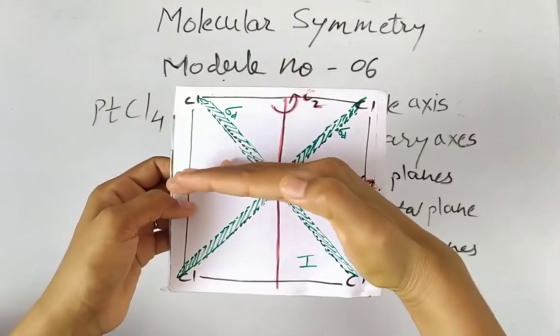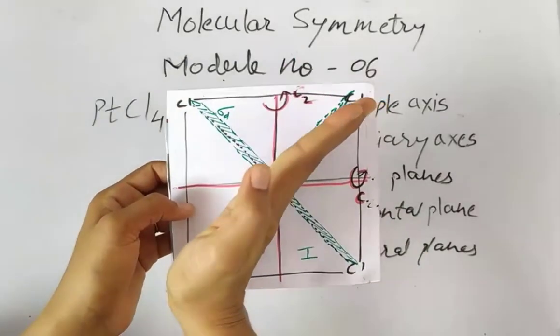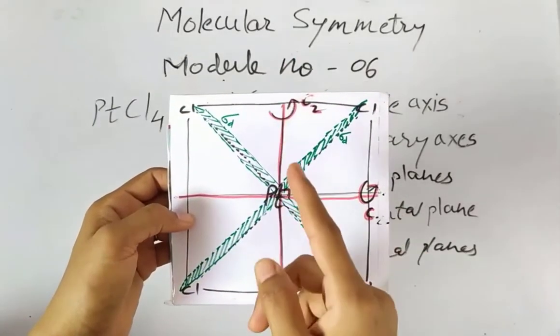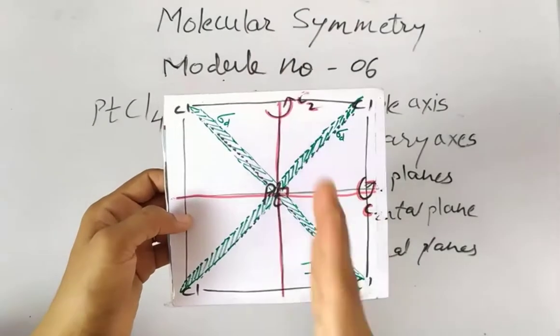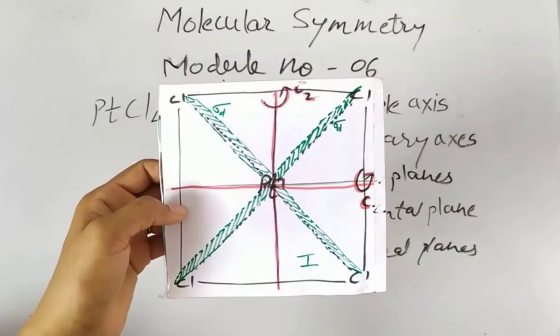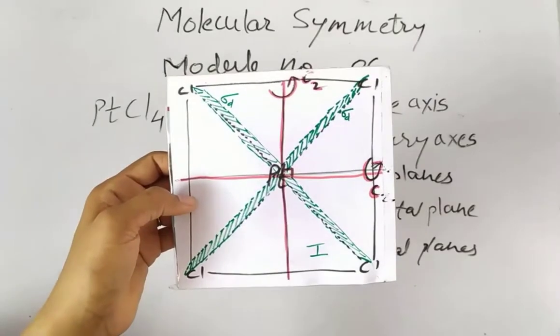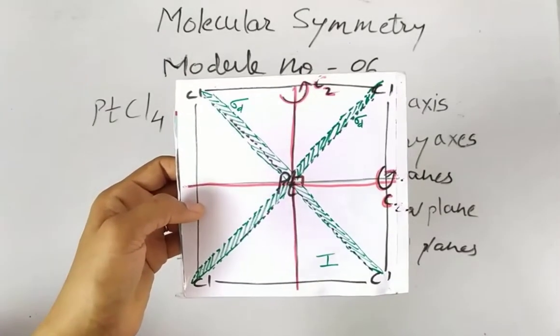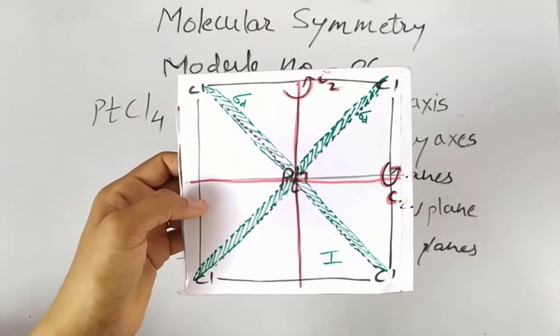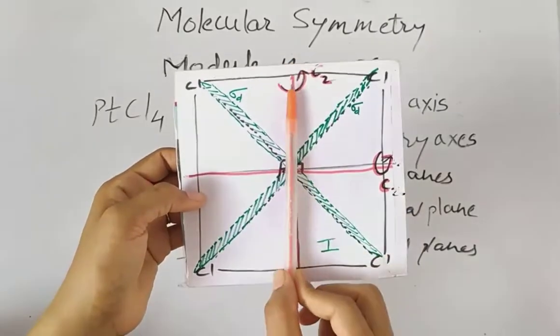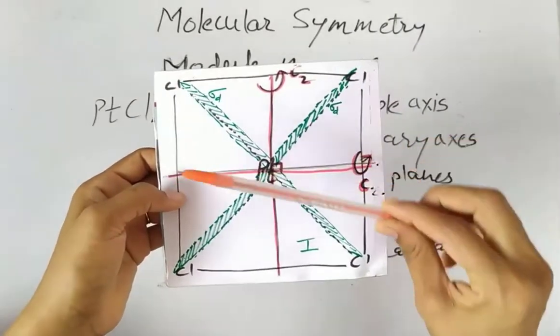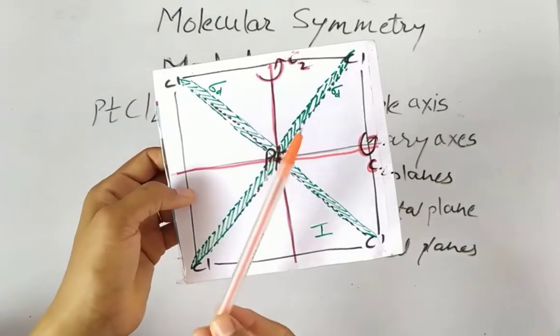1, 2, 3, 4. I have shown it like the plane, but don't get confused. In PtCl4 we have got 4 subsidiary C2 axes. 1, 2, 3, 4.